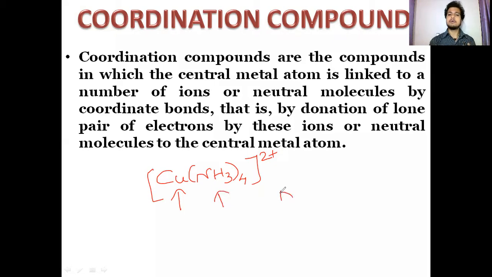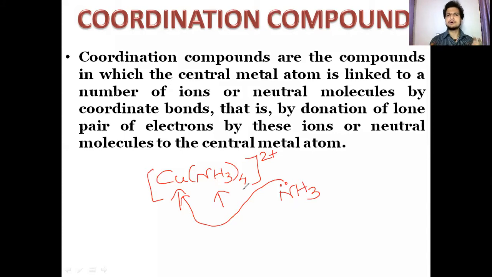Now, why can nitrogen in ammonia donate? Because nitrogen in ammonia has a lone pair of electrons. It's a Lewis base, which can donate to copper and form a coordinate covalent bond. As a result, the complex which forms is nothing but a coordination complex.